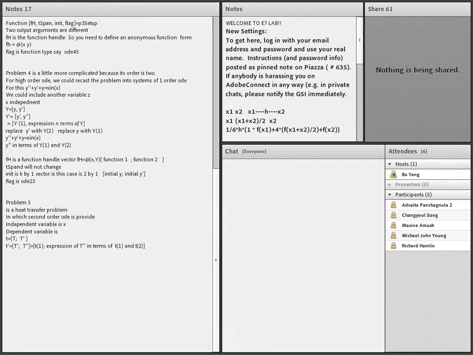The process is the same as the last problem, problem 4. We just replace T with small t1, and we can find the expression of capital T double prime in terms of small t.